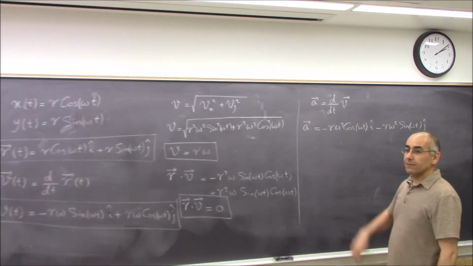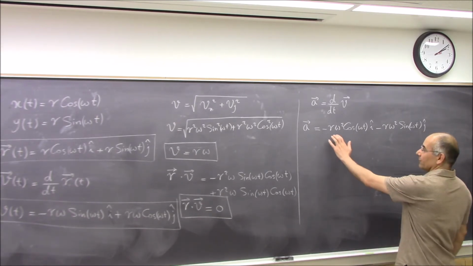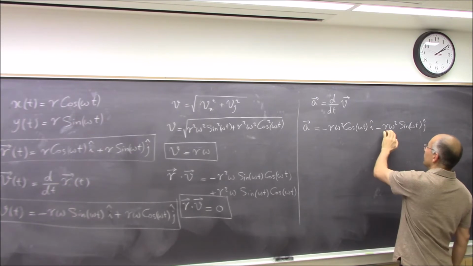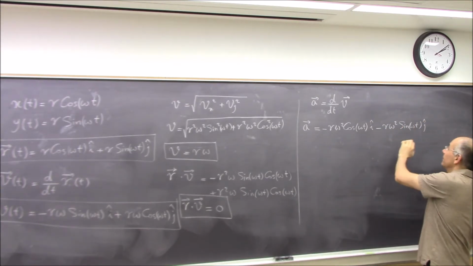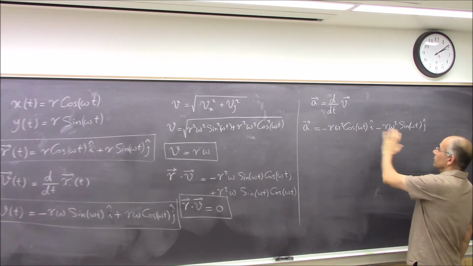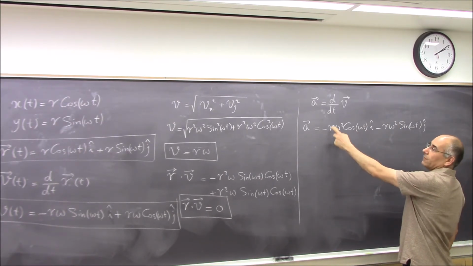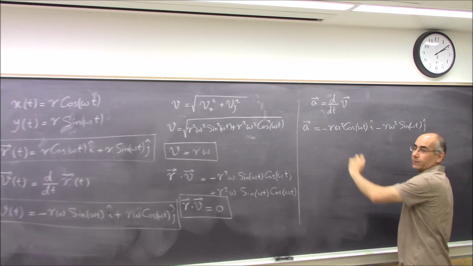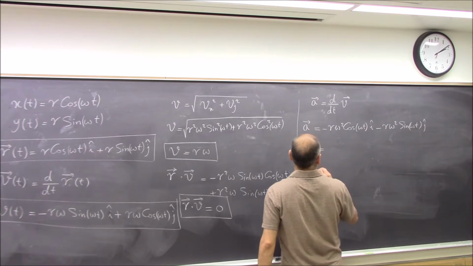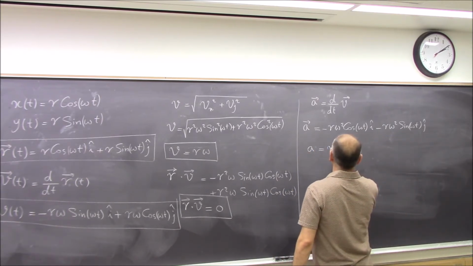What is the magnitude of acceleration? Again, square roots and stuff. You say square root of r squared omega to the 4th cosine squared plus r squared omega to the 4th sine squared, right? And then sine squared plus cosine squared gives you 1. We get square root of r squared omega to the 4th, or r omega squared. So, without writing this out, you can see that the acceleration magnitude is r omega squared.